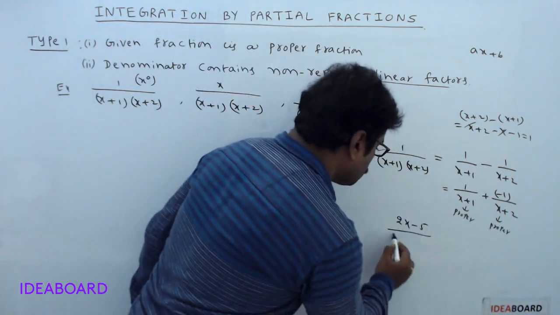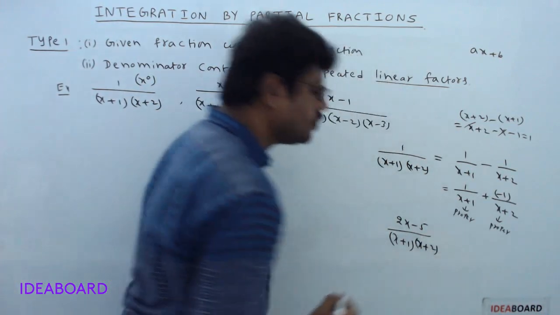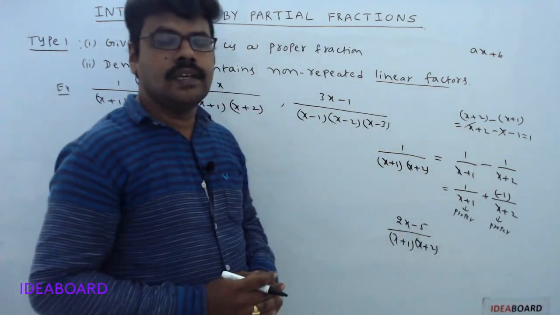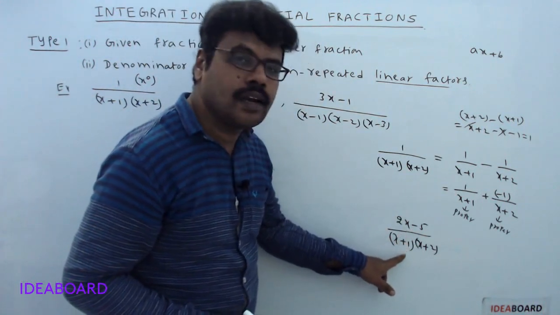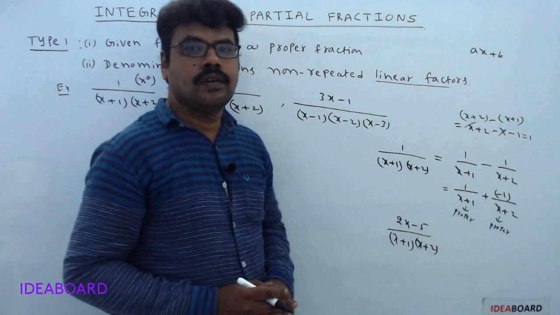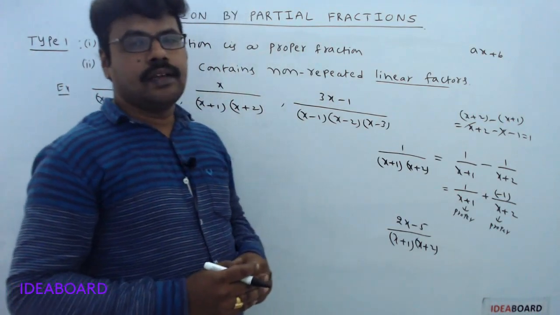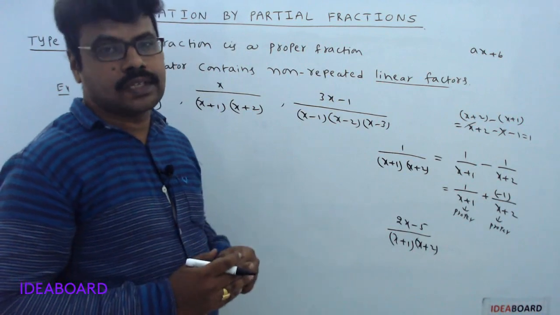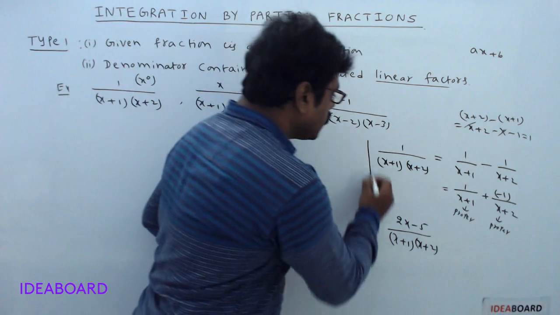So it is (2x minus 5) divided by (x plus 1) into (x plus 2). Now in this case, it is not an easy thing to manipulate this fraction into partial fractions. Due to this, we need a general method, that is, a general procedure. Now here I am going to generalize this example.